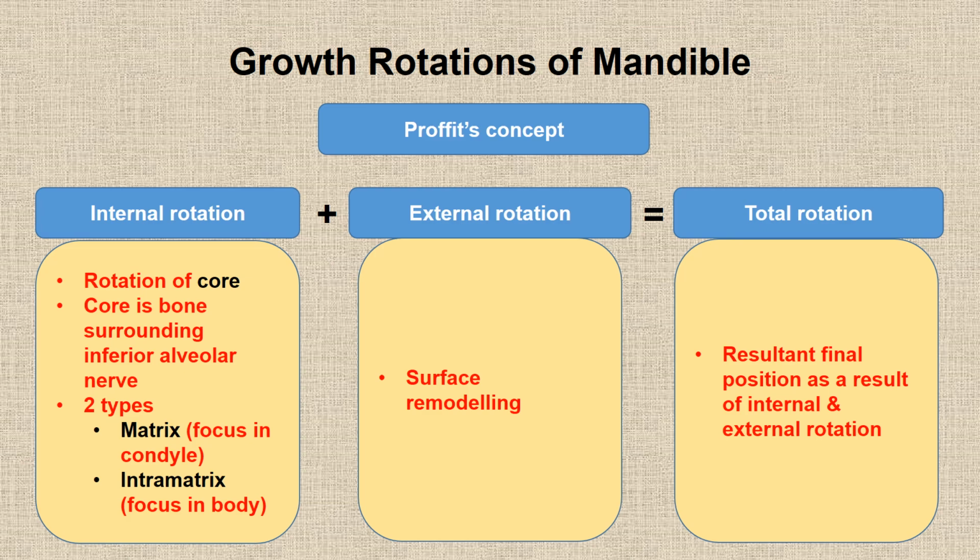One is matrix rotation, whereby the fulcrum is in the condyle, or intramatrix rotation, whereby the fulcrum or the focus is in the body of the mandible. External rotation is surface remodeling of the mandible. The total rotation is the final resulting position of the mandible as a result of both the internal and external rotation combined.